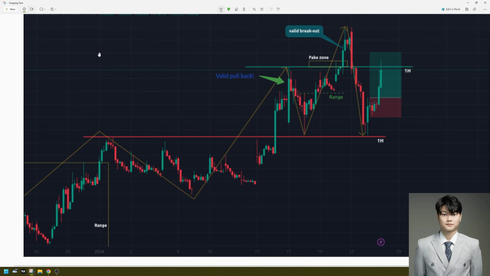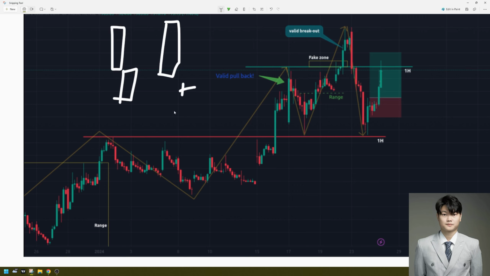Therefore, at this time we always apply the same rules for the breakout and pullback. We have to see strong power from the pullback, and the strong power can be shown very easily by a bright pattern, by two marubozu candles like this. Here is our standard: two marubozu candles, or a big marubozu candle with a small doji or pin bar.